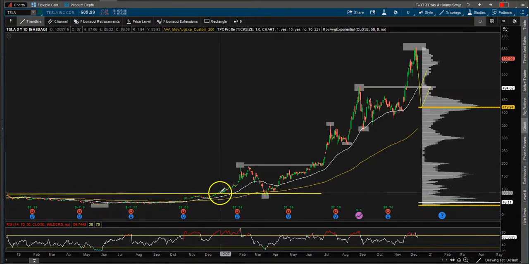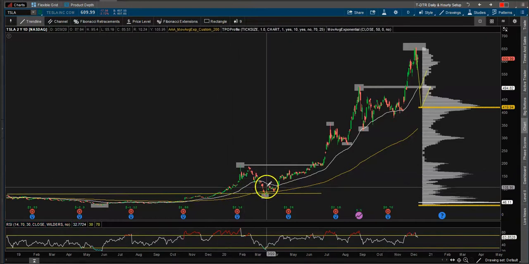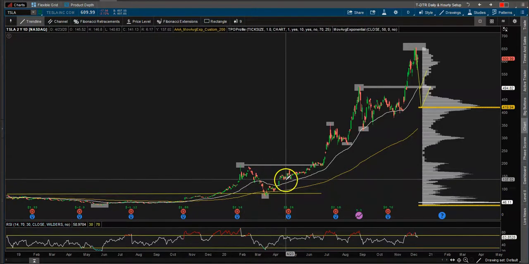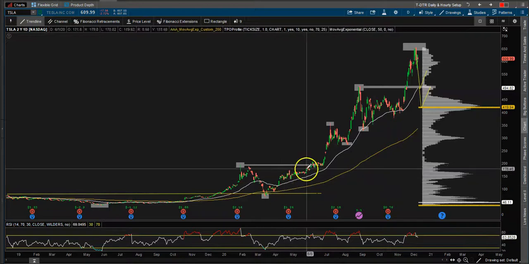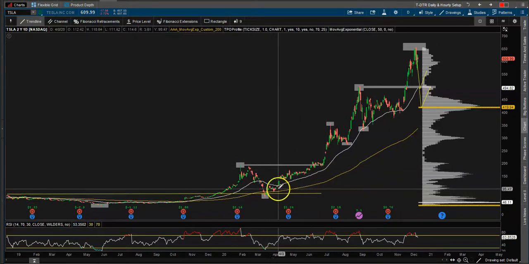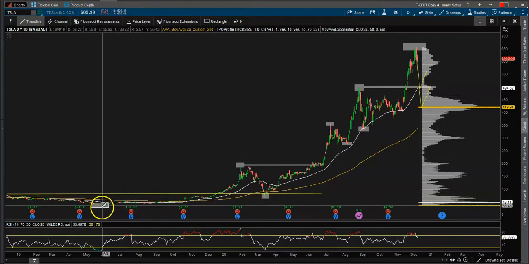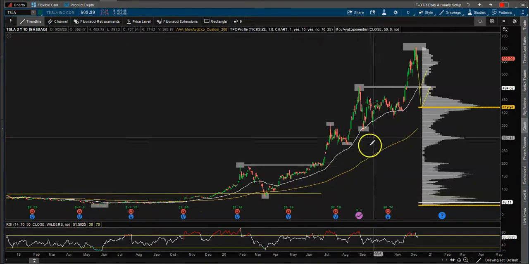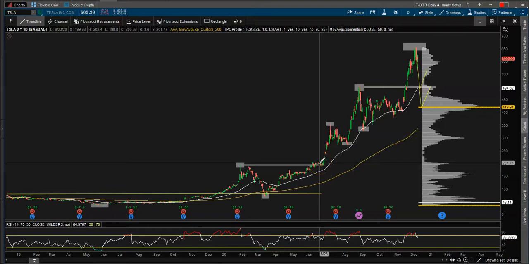Price came up, broke out, pulled back, came back down, retested it, and you could have gone long. And just said once we made this new high, your stop now goes below here. Now, if you want to try and get long here, your stop would have gone below there, right? It's a good way to trade the trend.